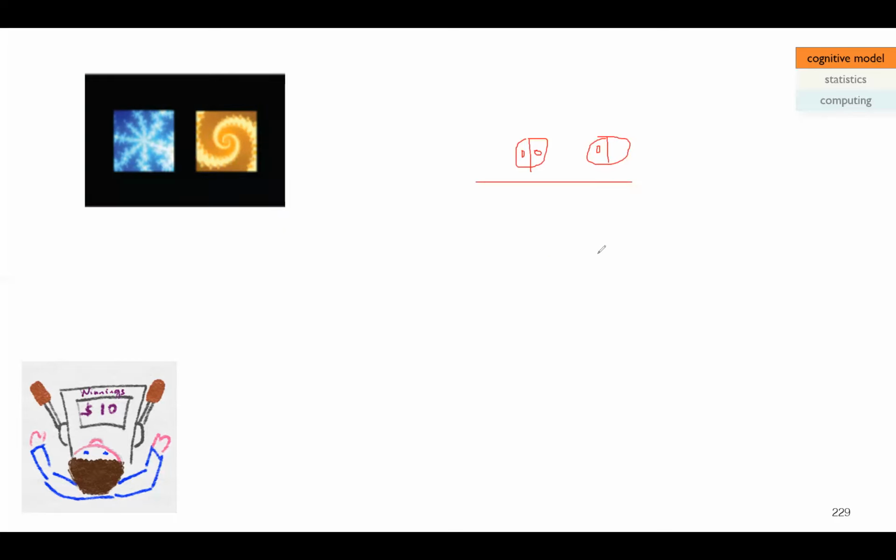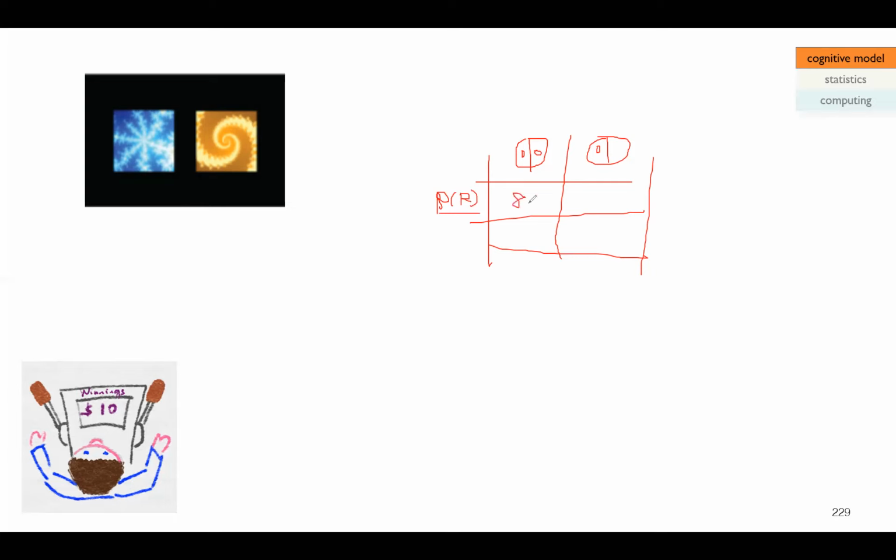And then we could have something like reward probability. Okay, so this is P of getting money, probability of reward. So here we have something like 80%, here 20, and we have a reverse one, so 20, 80, okay, good.